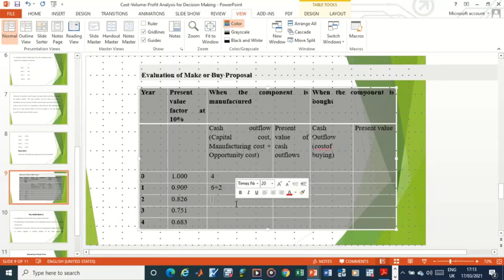So in that regard, we added 2 million to 6 million, which is the cost of producing the component for year 1. The cost of producing the component in year 2 is 7 million naira. And we're also going to add the opportunity cost again, because this is the opportunity cost forgone. Next is 8 million naira.